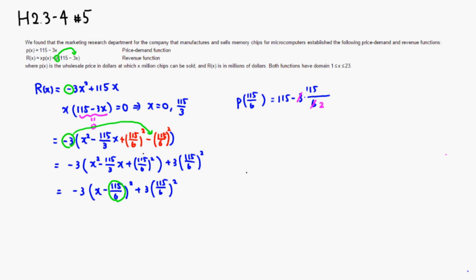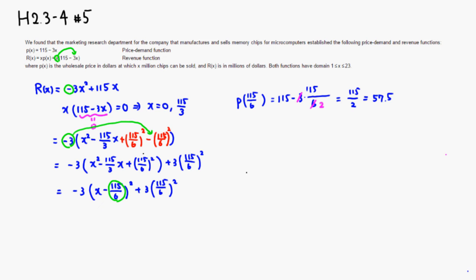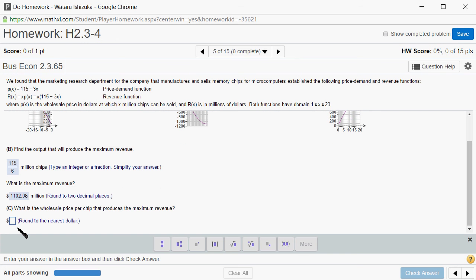So it's going to be 115 over 2. That's 57.5. Let's round to the nearest dollar, so it's going to be 58.